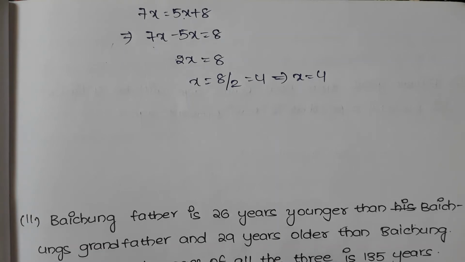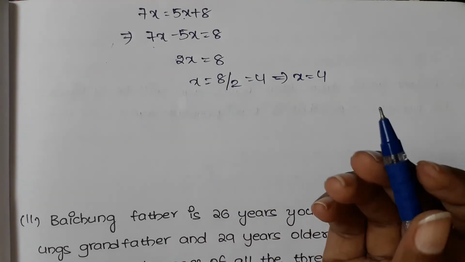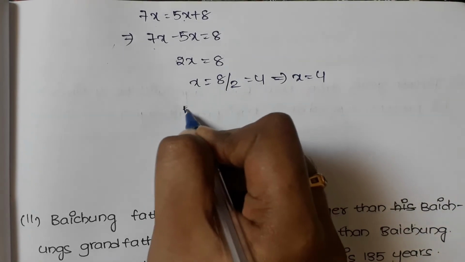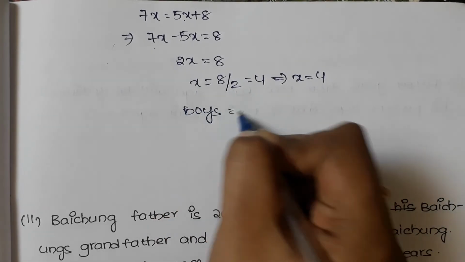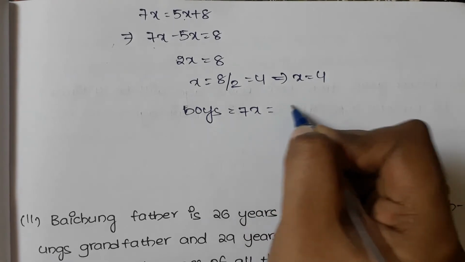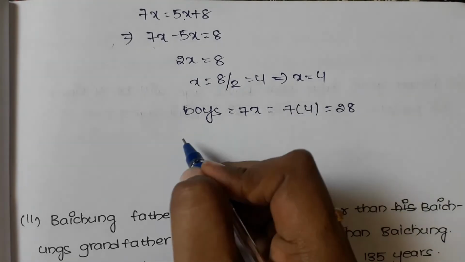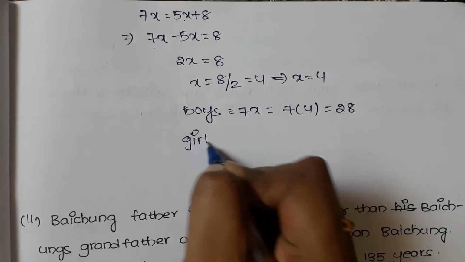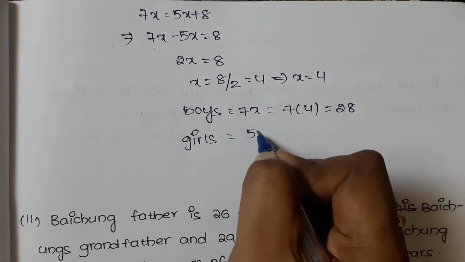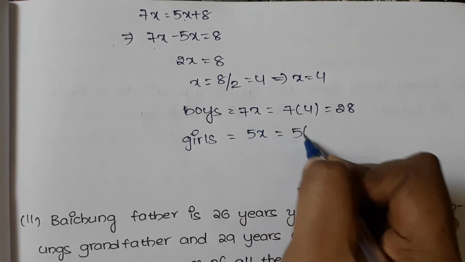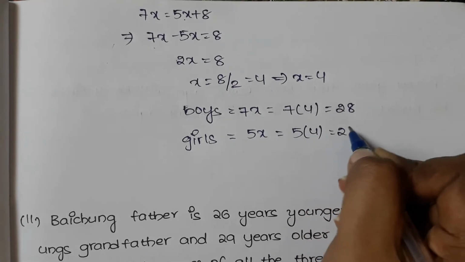Now let us calculate the girls and boys count. That is, boys 7x, that equals 7 into 4, 28, and girls 5x, that is 5 into 4, 20.